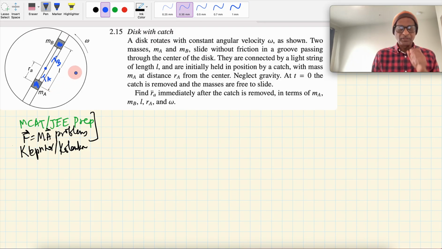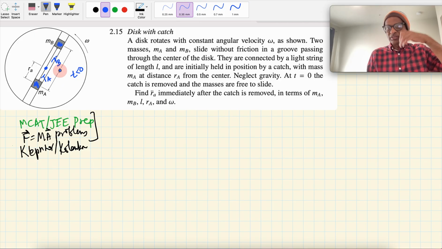Okay. So at t less than 0, this is rotating, somebody is holding a catch, and because of the catch, tensions can be different. And when I let go of the catch, then it becomes one string, and tension has to be the same, right?